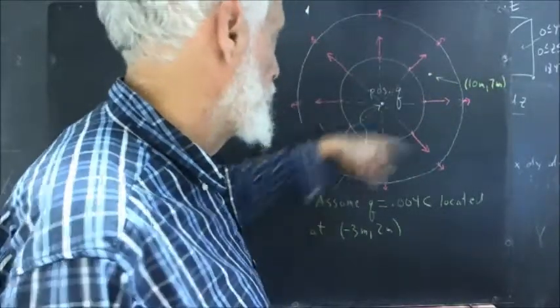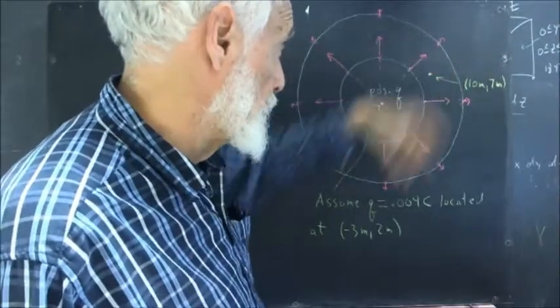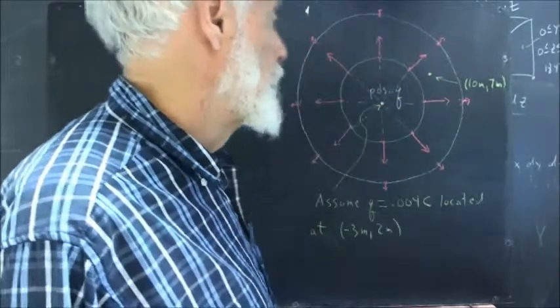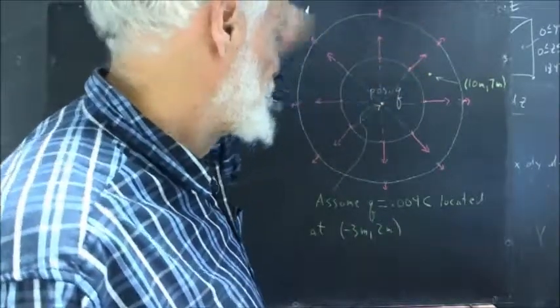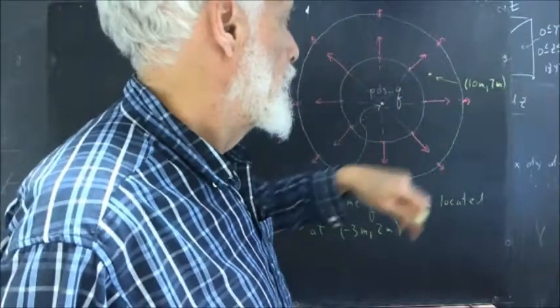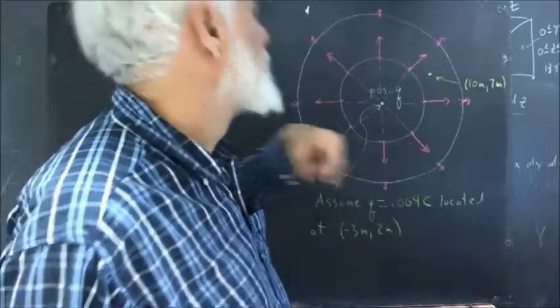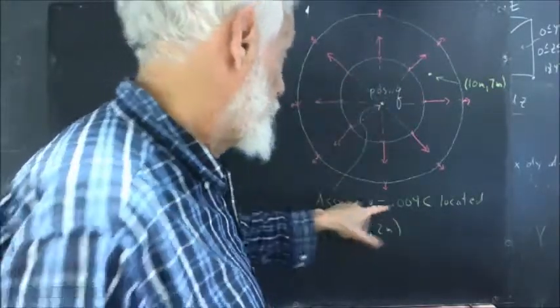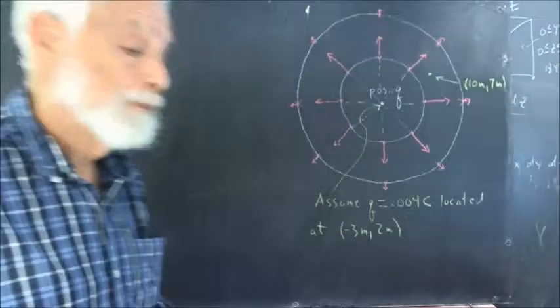Your run from -3 to 10 is 13, your rise is only 5, so you're probably even a little bit below that, but let's assume this is your point. Sketch the field vector you think would apply at this point, if the field that we've sketched so far represents the field of this charge at this point.